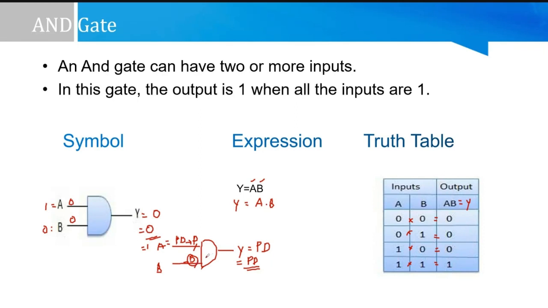That's why we use the AND gate. It is just one example; in many applications you can see the AND gate.